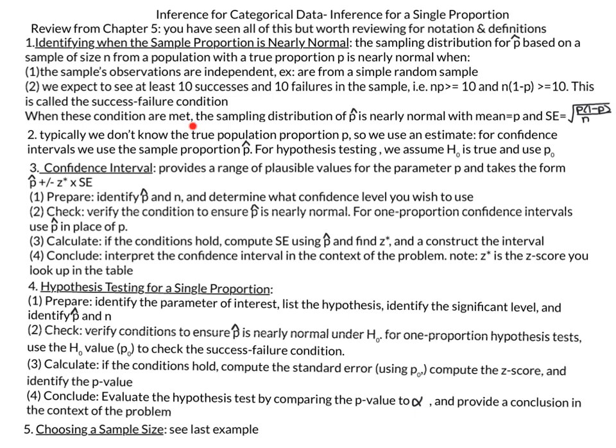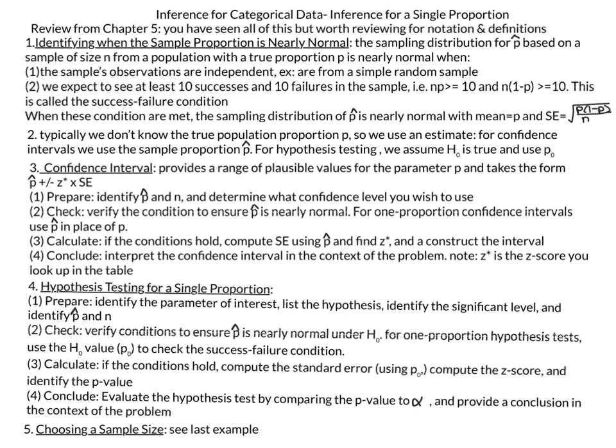When these conditions are met, the sampling distribution of p hat is nearly normal with mean equal to p, and the standard error is equal to the square root of p times 1 minus p over n. A note, typically we don't know the true population proportion p, that's the whole point of sampling, so we need to use an estimate.